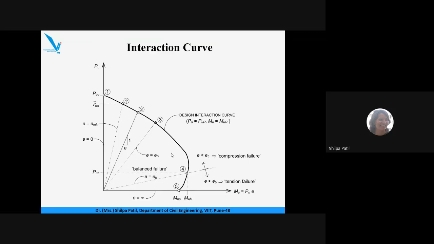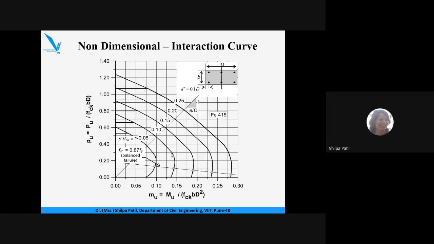So it becomes very difficult to plot an interaction curve for each and every dimension of a column which we select. So another concept evolved: instead of considering the interaction curve which is dependent on the dimension, let us draw the interaction curve which is dimensionless. Instead of putting the Pu value and Mu value directly on the y and x axis respectively, we will put some non-dimensional term on the y axis, which is obtained by Pu, the force, divided by fck into bD.